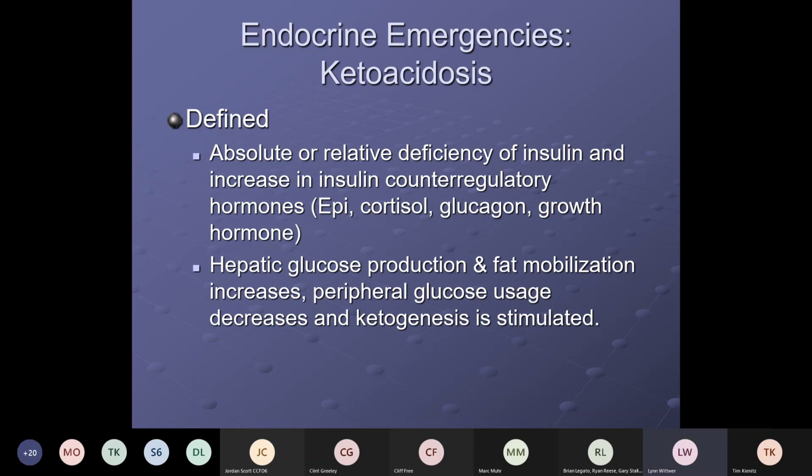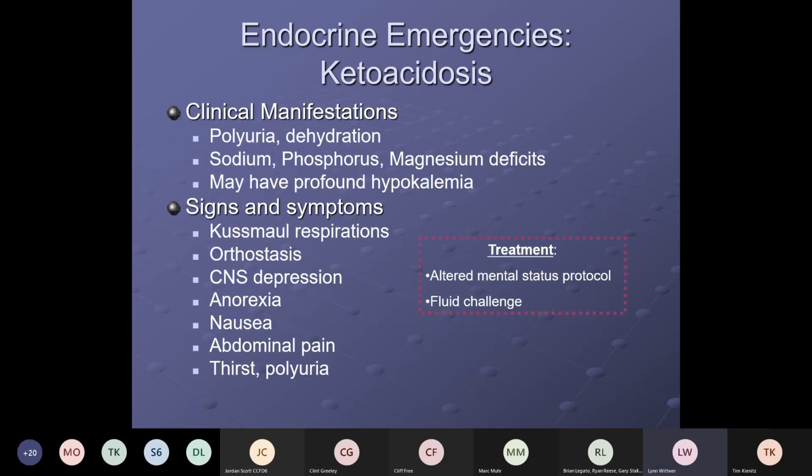Hepatic glucose production increases, so glycogen is broken down to glucose through glycogenolysis, and fats are mobilized. Peripheral glucose usage decreases, ketogenesis is stimulated because fats are now utilized directly for energy, and you develop ketone bodies. Clinical manifestations: polyuria and severe dehydration.